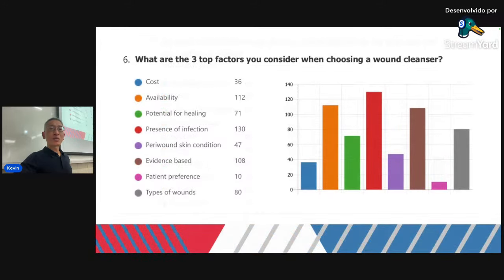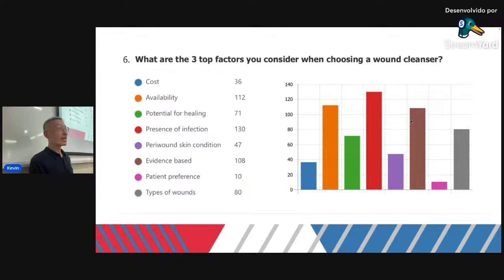And another question we asked, what are the top 3 factors that you would consider when choosing a wound cleanser? And this is no big surprise to us as well. The choice is based on availability, depends on the presence of infection, and also whether there's evidence available for them to substantiate the practice.